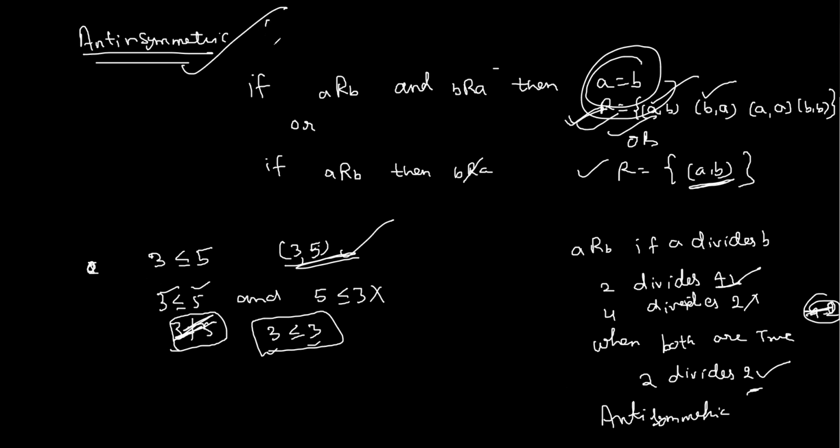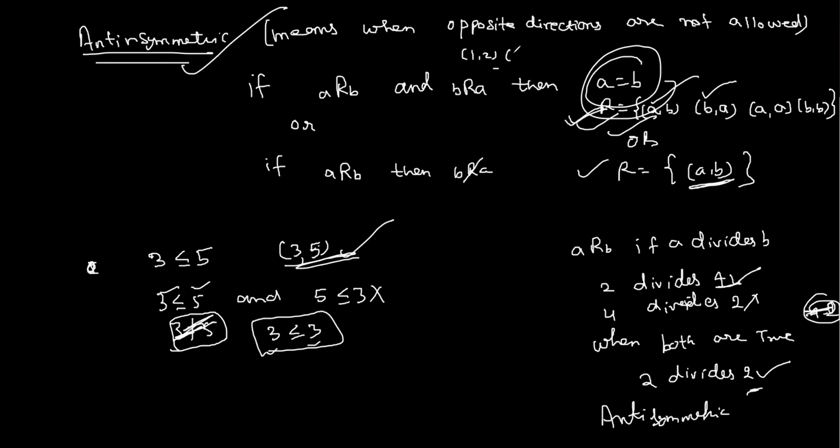So antisymmetric means opposite direction is not allowed. Opposite means if 1, 2 is there, then 2, 1 cannot be there.